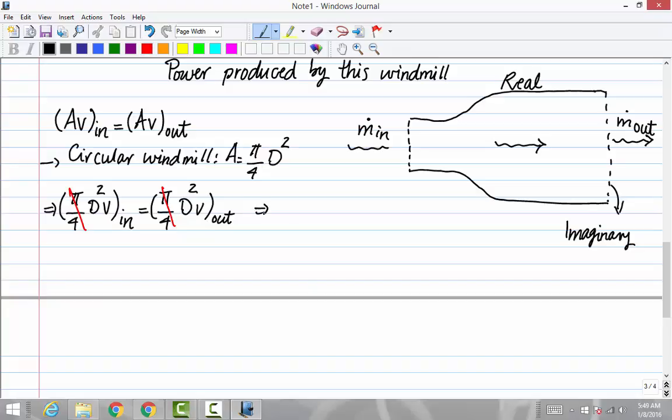So I'm looking for d out, right? So d out squared equals d in squared times velocity at the inlet divided by velocity at the outlet. You can take the square root.